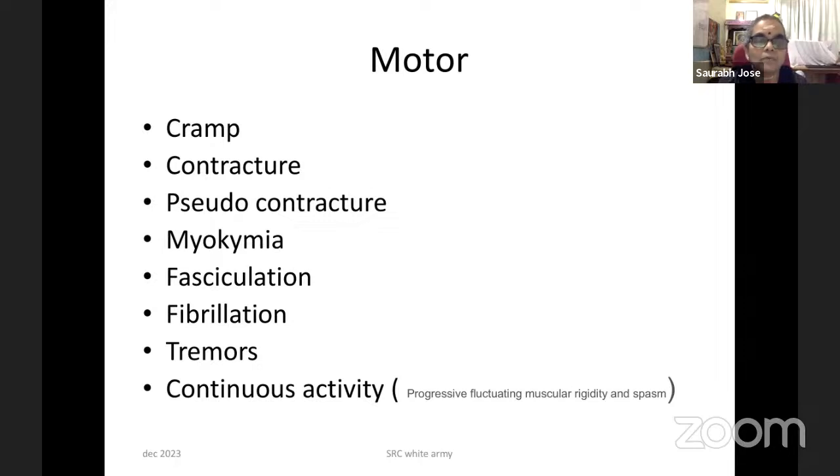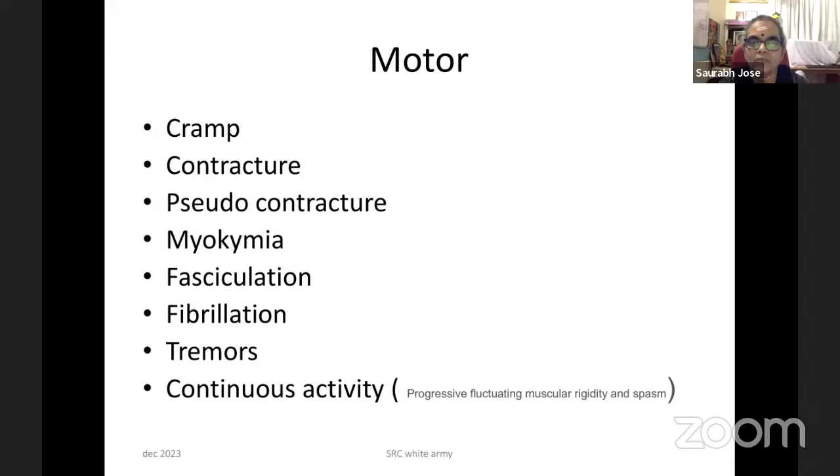Cramp is a painful shortening of a muscle fiber due to an energy deprived state of the muscle, where the person can experience cramp normally when he is exposing himself to unaccustomed exertion, or in an abnormal muscle, with accustomed exertion, like mitochondrial disease, fatty acid oxidation disorders. So these are energy metabolism related disorders where cramps will come easily.